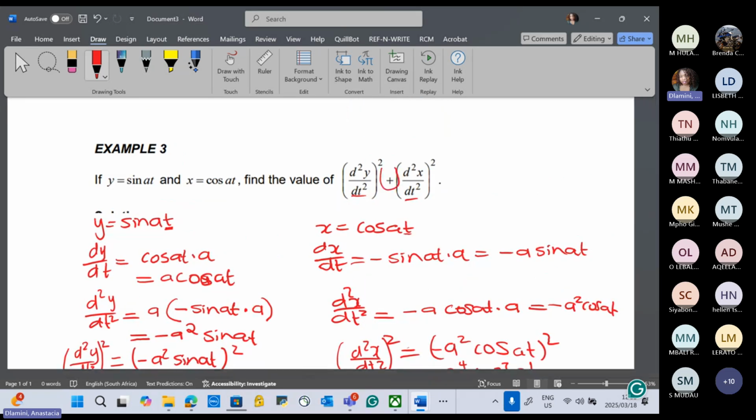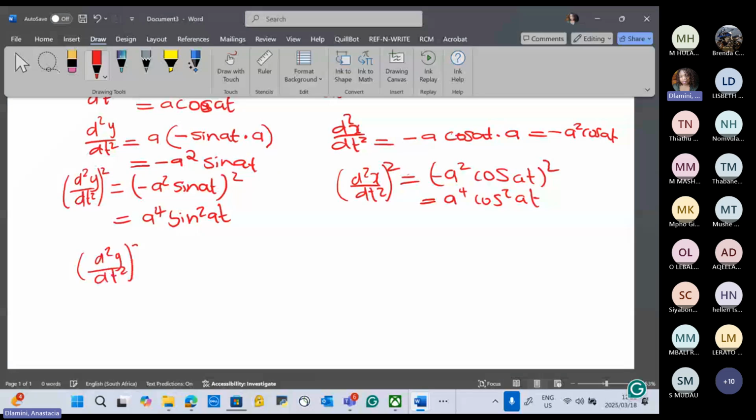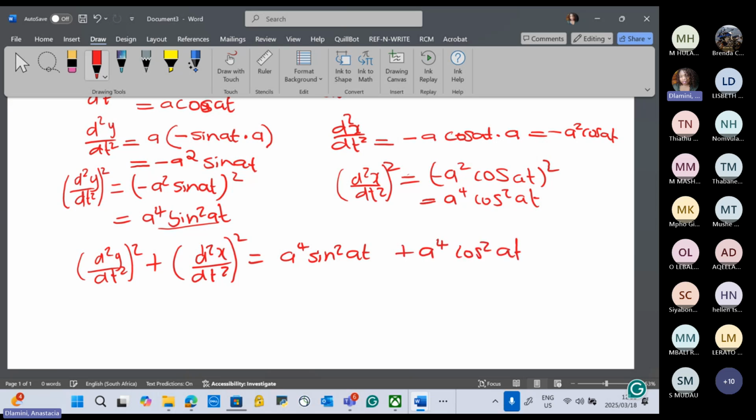After squaring, you add. That's what they're saying. So let's add the squares: d squared y over dt squared plus d squared x over dt squared. Now substitute: a to the power of 4 sine squared at plus a to the power of 4 cos squared at.